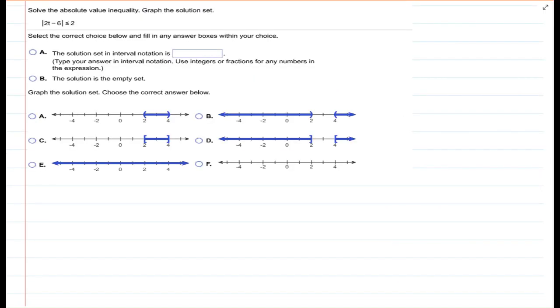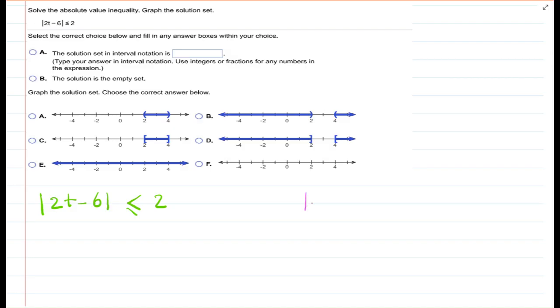The next question, we have an inequality involving absolute value. It's absolute value of 2 times t minus 6 less than or equal to 2. How do we solve this inequality? What is the rule for solving inequalities?